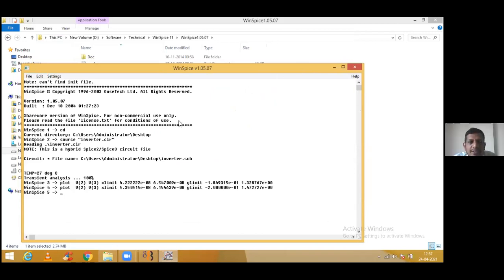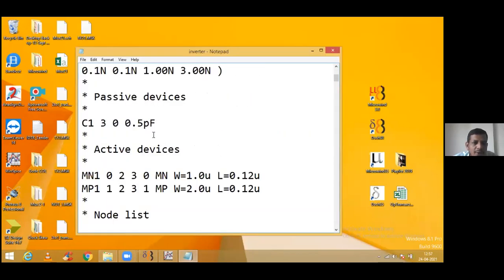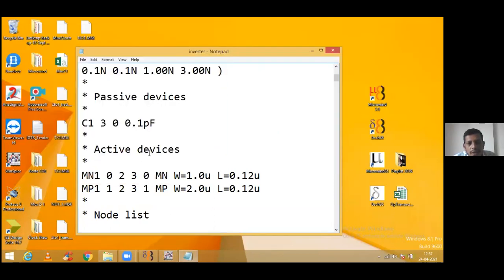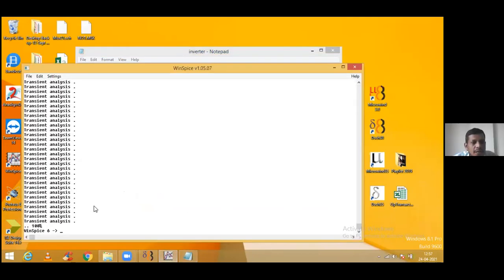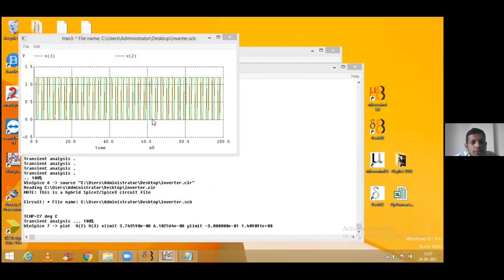And the thing is that, listen, if I'm modifying here itself, look at that. What is the value of capacitance? If I'm making it 0.1 picofarad and saving this one. Yes, sir, we can see the effect in output. So easily, guys, you can come across the effect. Look at that.